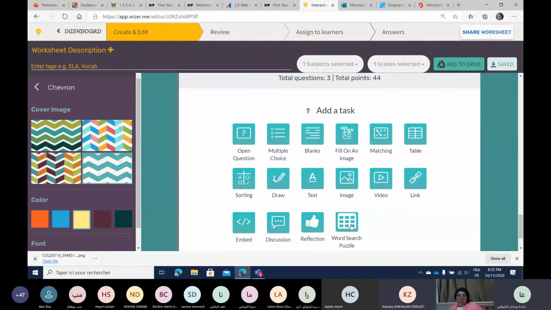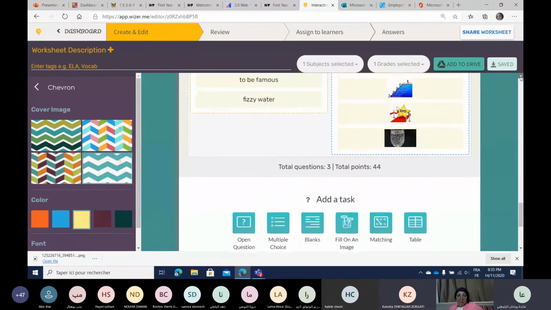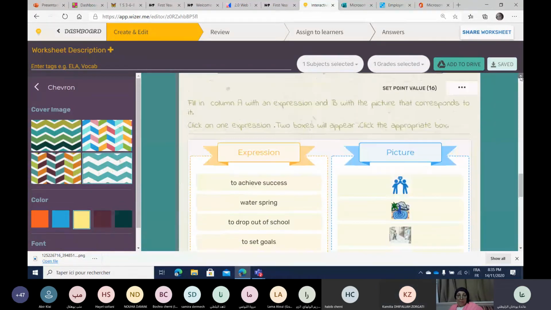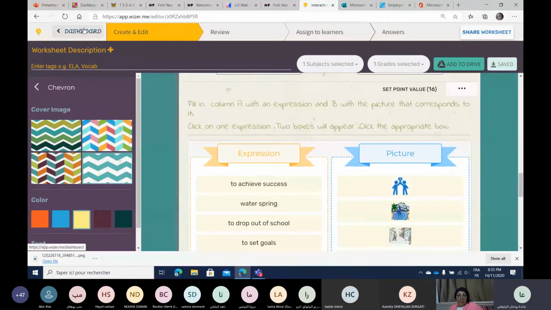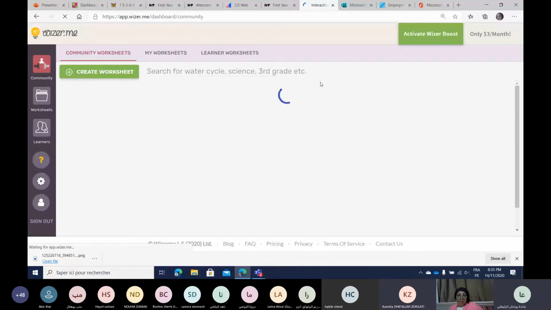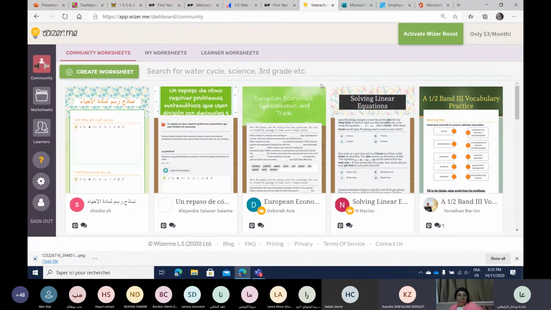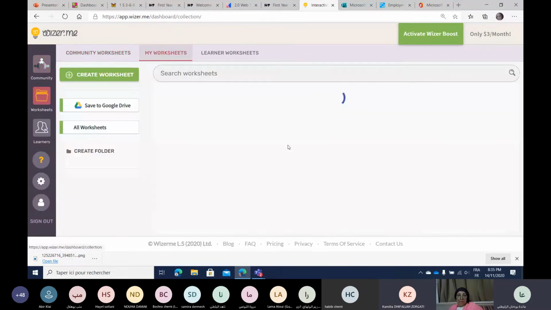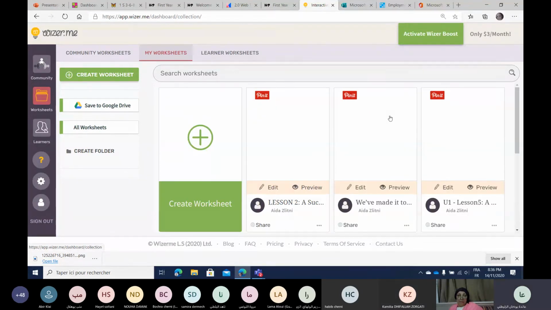Yesterday I discovered this one because it was locked actually. It was for premium users. So I go back to my dashboard and I will pick one that I have assigned to my students, and they handed in their task, and I send them feedback after correcting the task. Okay, so it's this one.